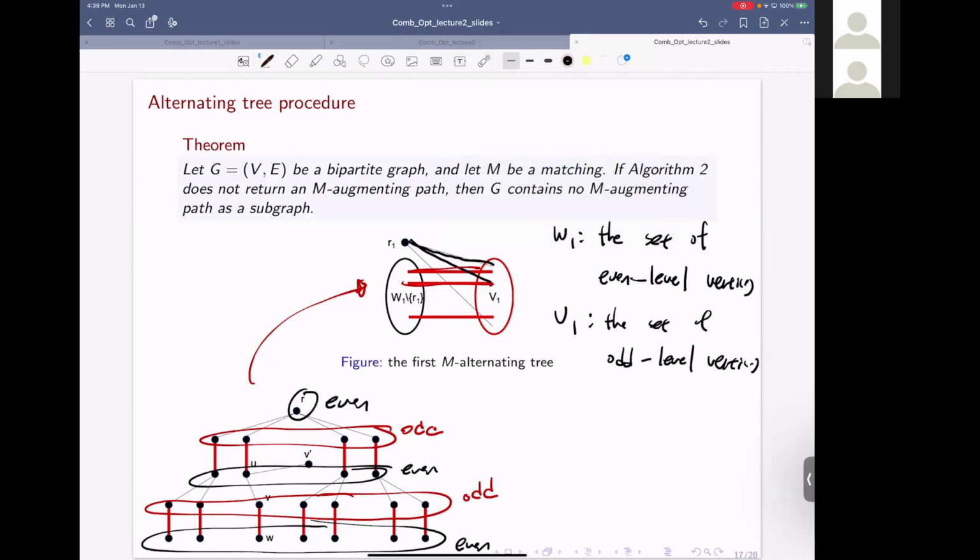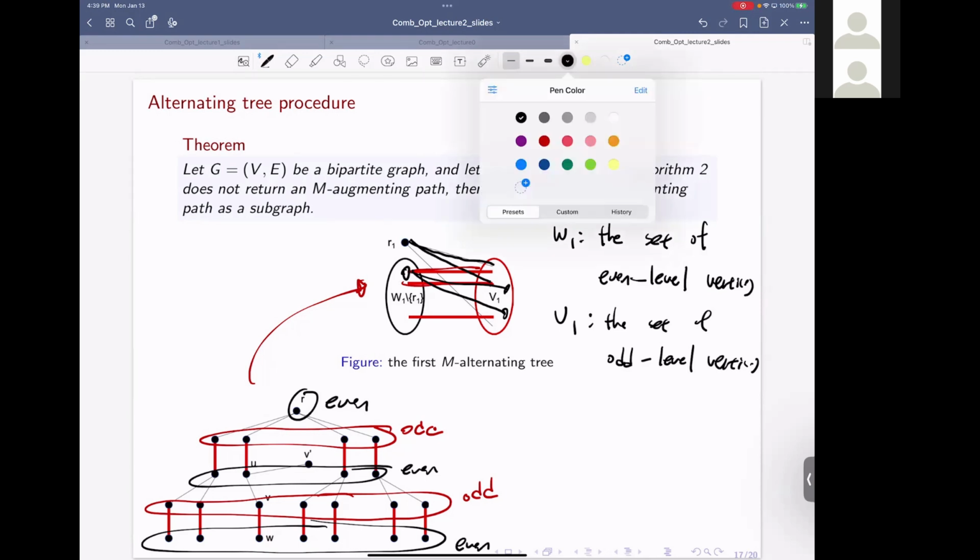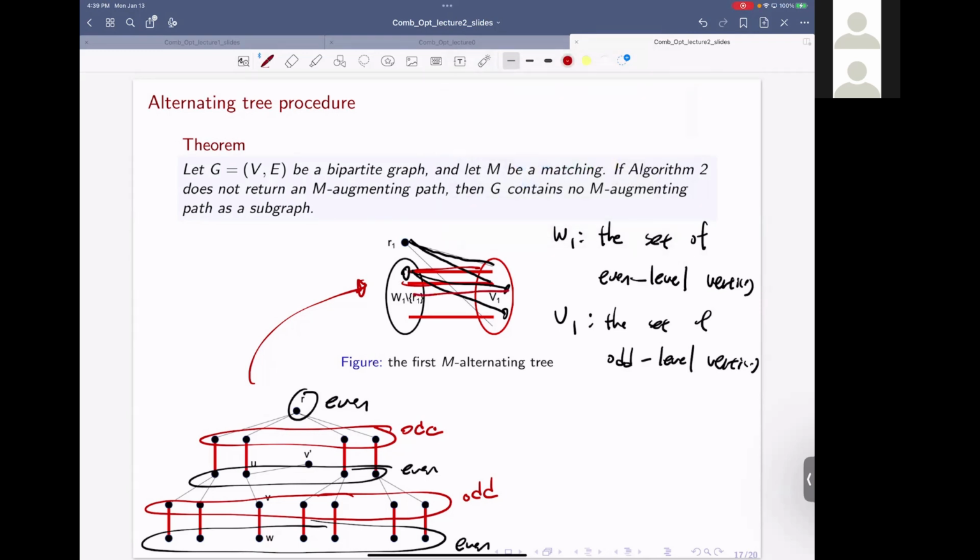Then this is a vertex from level 2, and then you enumerate all neighbors, which are at an odd level 3. Now you take a matching edge connected to these vertices, and you go to level 4.